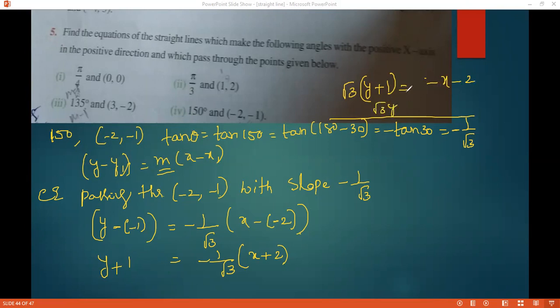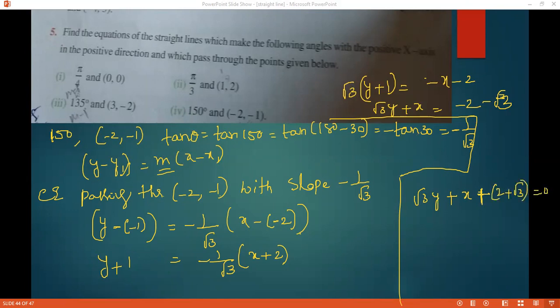Sending everything to one side, root 3 y plus x plus 2 plus root 3 is equal to 0. This is our final equation whose slope is 150 and which is passing through minus 2 and minus 1. Understood? Very good.